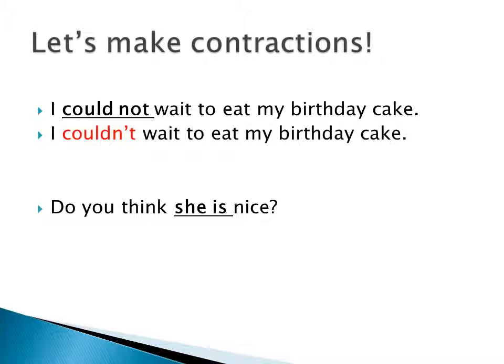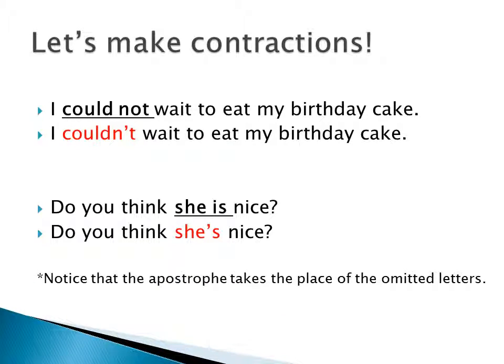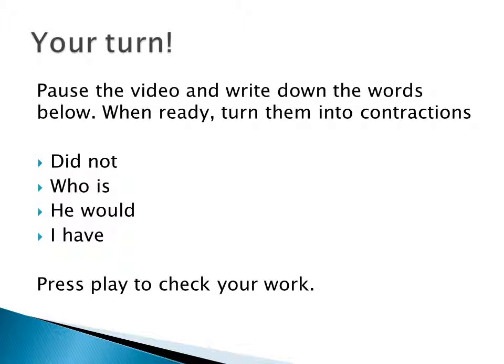She is are the two words we're going to change into a contraction. Do you think she's nice? The apostrophe takes the place of the I in the word is, changing it from she is to she's. Notice that the apostrophe is always taking the place of the omitted letters.